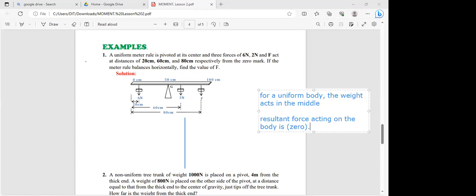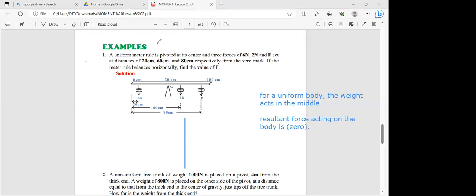That is the other condition for a body to be in equilibrium. All right, that is a note that I wanted us to have before we continue.